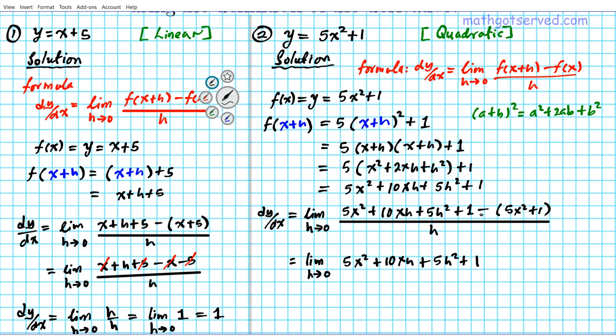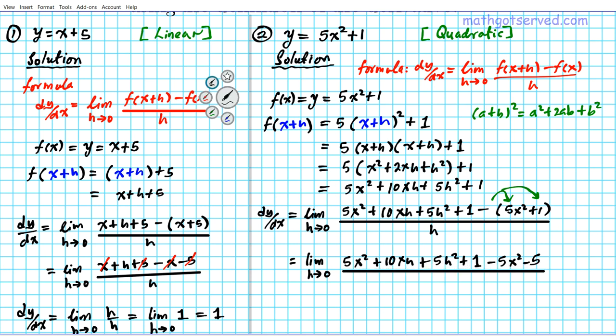Then when you distribute this negative to these two terms on the right here, that's just going to alter the sign. It's just going to result in the opposite of these two terms. So they're now going to become minus 5x squared minus 5. And this entire numerator expression will be divided by h.